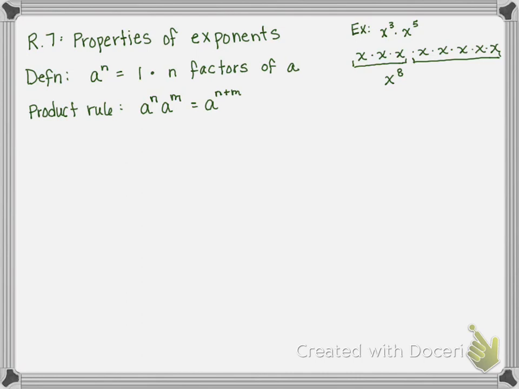Now, one thing that this relies upon is that our exponents are actually counting the same factors, right? If I have 2 to the 3rd times 3 to the 4th, well, I don't have 7 factors of anything, right? There's 3 factors of 2 and there's 4 factors of 3, but I don't have 7 factors of any one number.